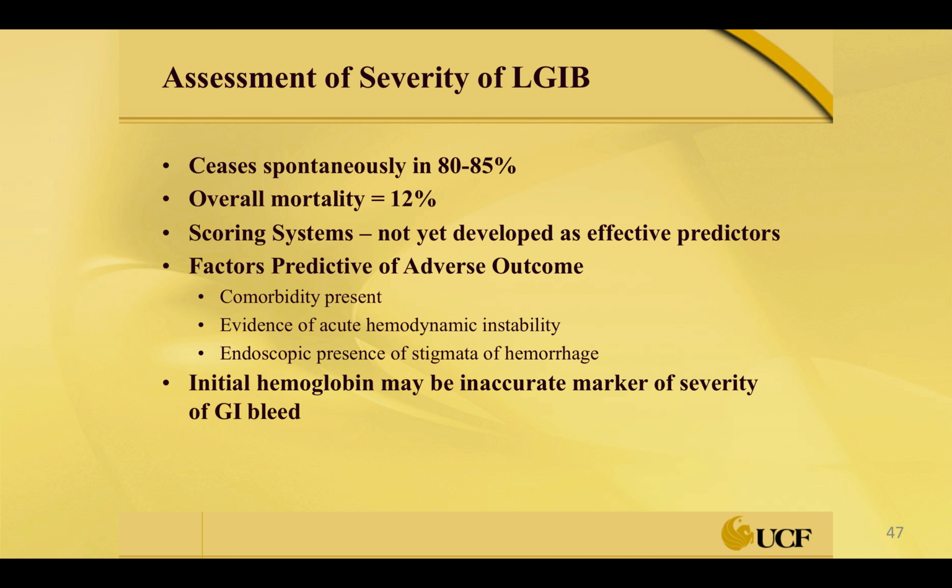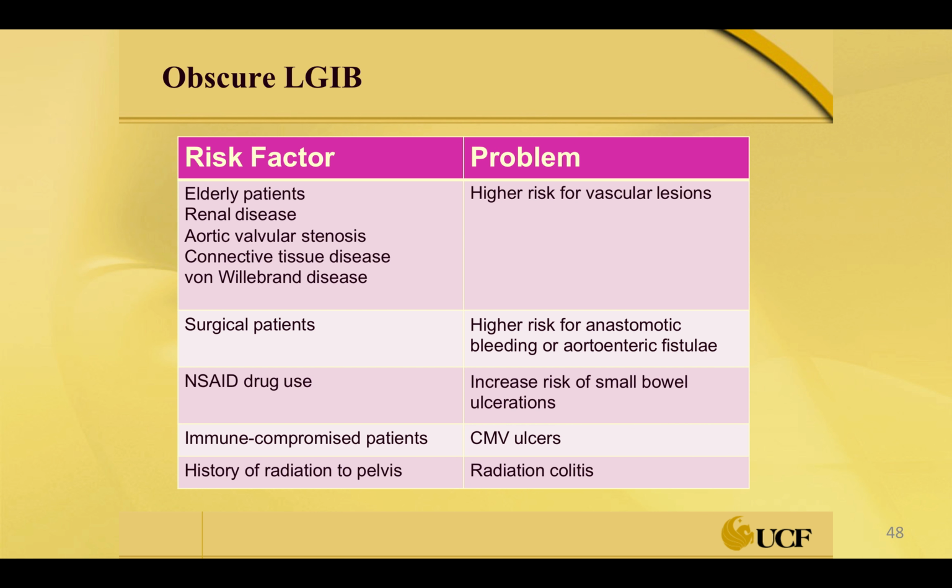Initial hemoglobin may not be an accurate marker of severity of GI bleed because it could be related to baseline, like for example, in elderly patients that are usually anemic by nature, and on top of that, if they have an LGIB, which is sometimes very insidious, it is a very poor marker for the severity of the GI bleed.